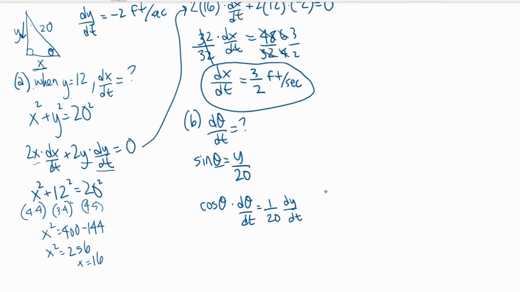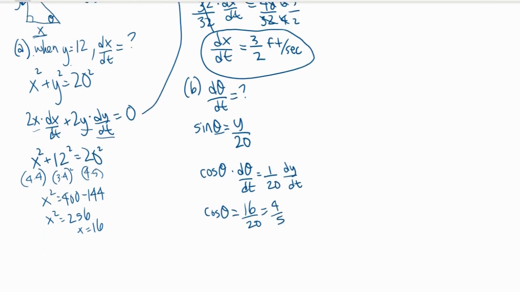Okay, so I know I'm looking for d theta dt. I know what dy dt is. It's still -2. But what's cosine theta? So to solve for cosine theta, CAHTOA, cosine is adjacent over hypotenuse, which we know from doing the previous problem is 16 over 20. So cosine is 4/5. And then I can plug that in. I get 4/5 times d theta dt is equal to 1 over 20 times -2.